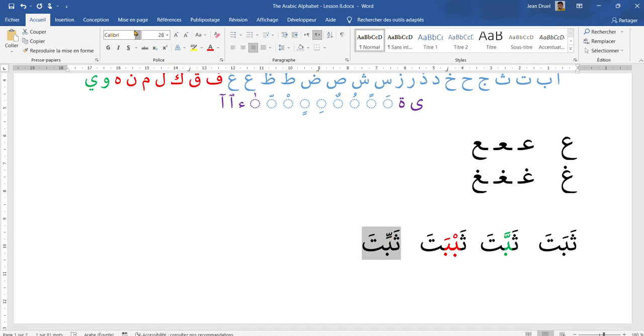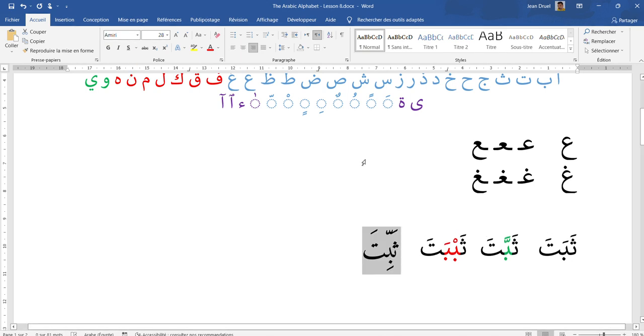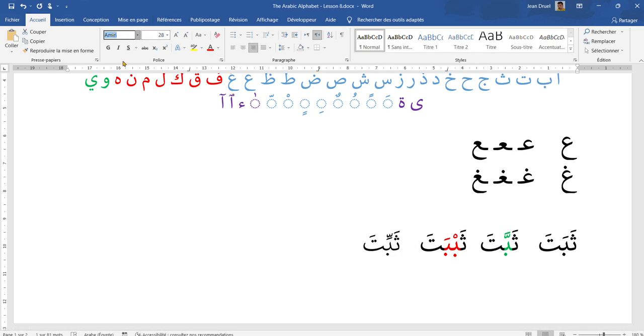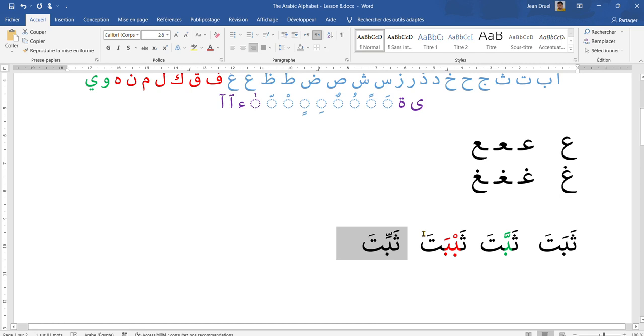If I change the font to this font here, you will notice that the kasra is below the letter, thabbita. In standard modern Arabic, it's more common to have the kasra just below the shadda, thabbita.